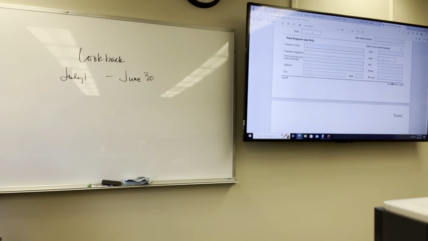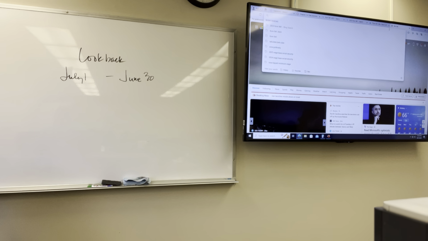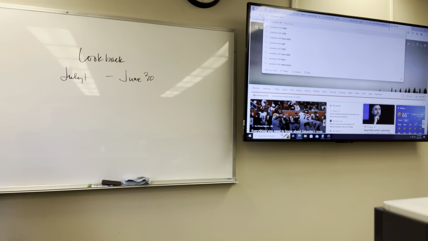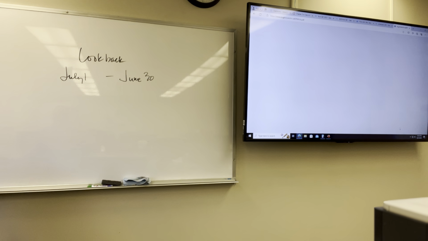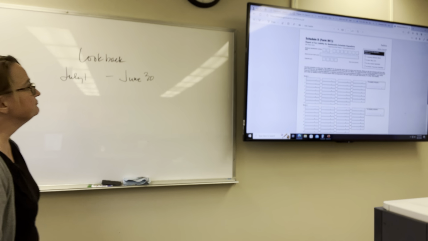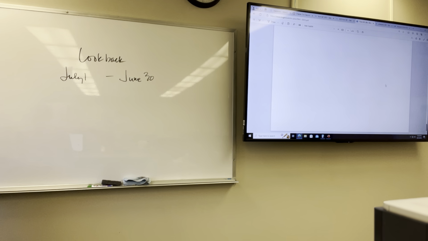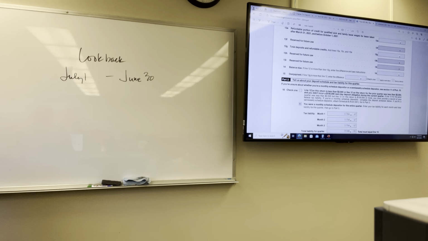I also want to show you, well, maybe I'll pull it up right now so you can see it. There's another form that attaches to this 941. This is for semi-weekly scheduled depositors. You'll see on the 941 itself there were some sections here. So if line 12 on this return is less than 2,500, so you didn't owe more than 2,500 during the quarter, you can check this box.